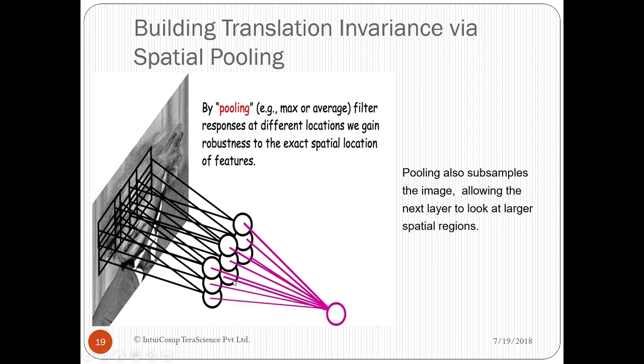Pooling also subsamples the image, allowing the next layer to look at larger spatial regions. This subsampling also reduces the dimension of our input vectors and makes the computation much faster than the previous computation we have shown.